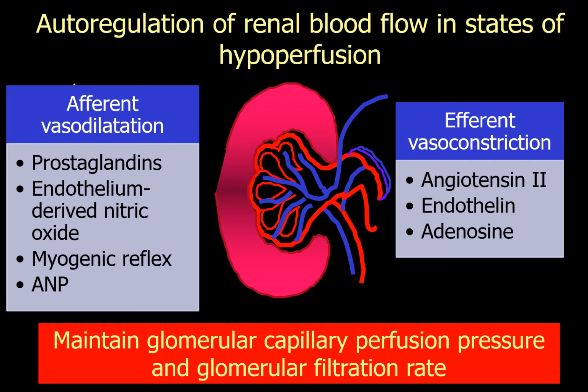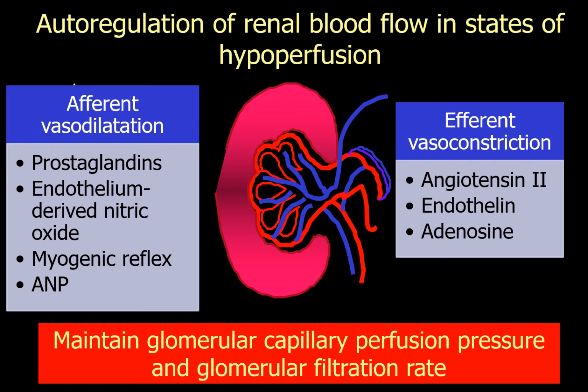The second mechanism involves intrarenal angiotensin II, which constricts both the afferent and efferent arterioles. The effect is greater in the efferent arteriole, leading to increased hydrostatic pressure across the glomerulus and maintenance of GFR. So if you give an angiotensin-converting enzyme inhibitor or angiotensin receptor blocker, this will block this compensatory mechanism.